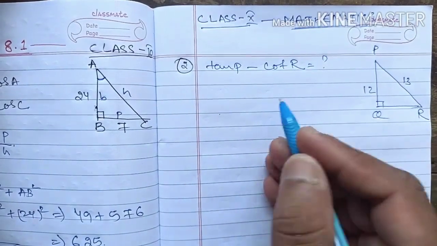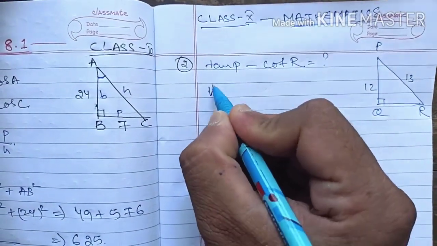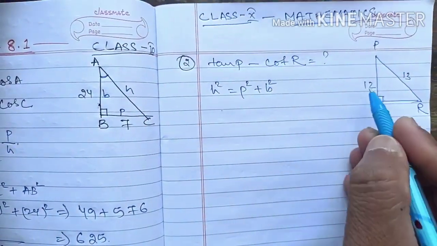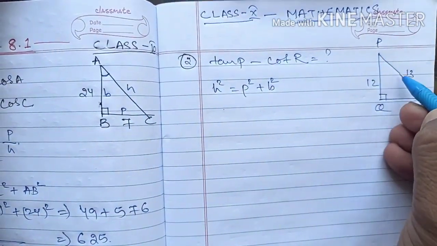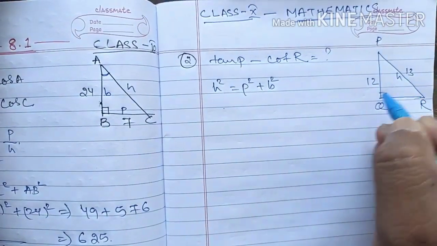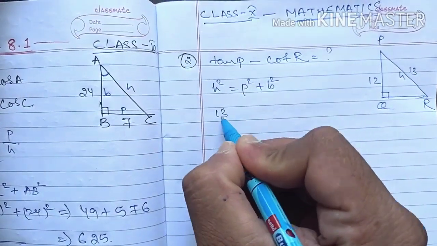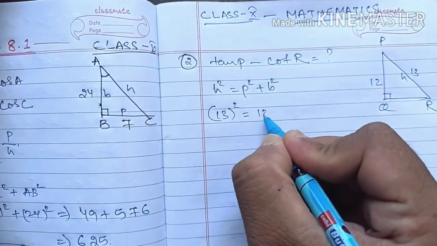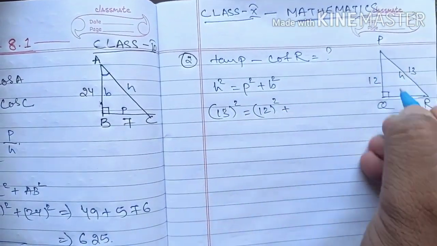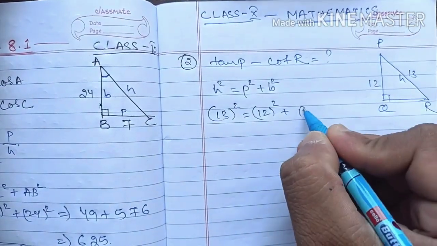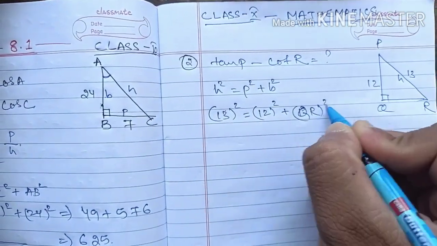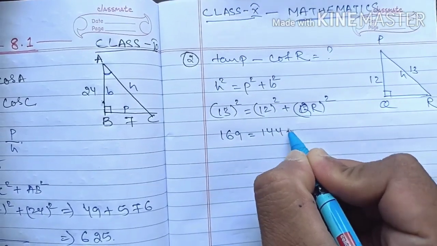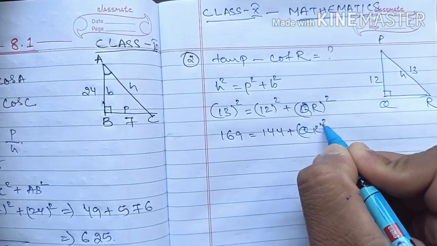So as I told you, first of all we will use Pythagoras theorem. H square equals P square plus B square. I am not drawing any arc. We know that H is always the same, opposite of 90 degrees. It is given as 13 square. Right now I'm going to take this as P, so 12 square plus B as QR. So 13 square is 169, 12 square is 144, and QR square.